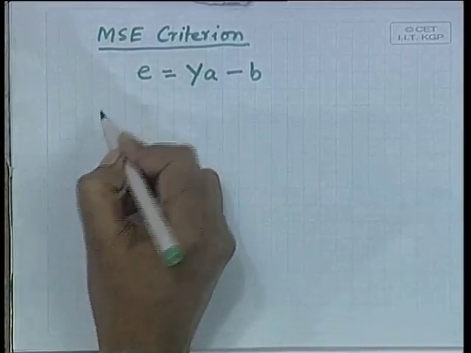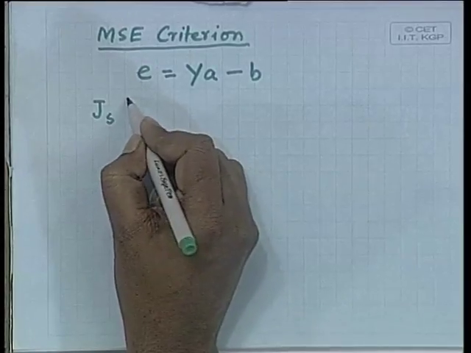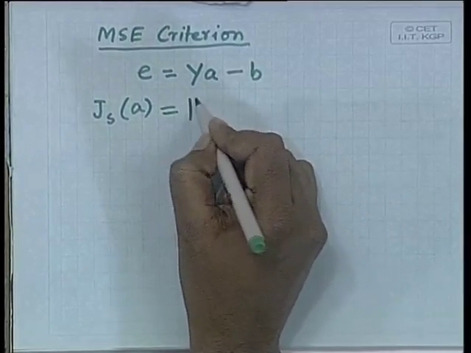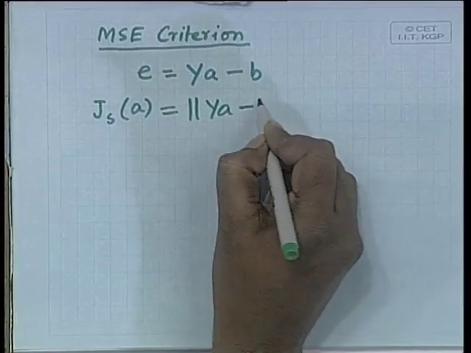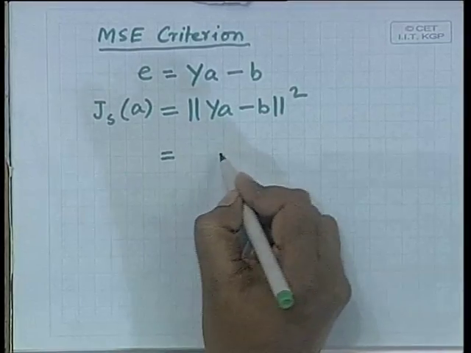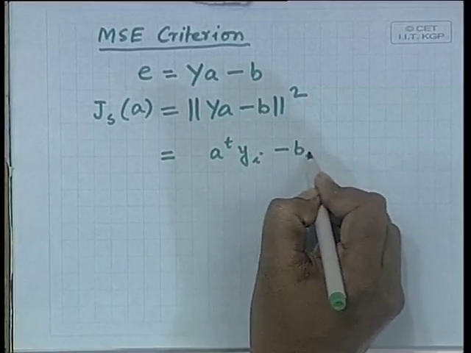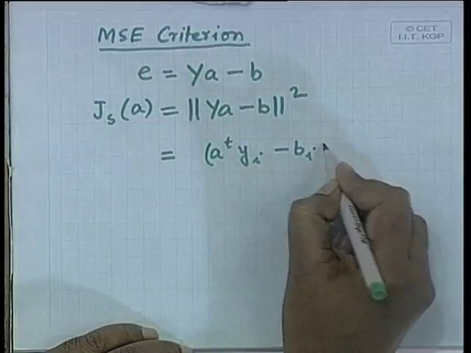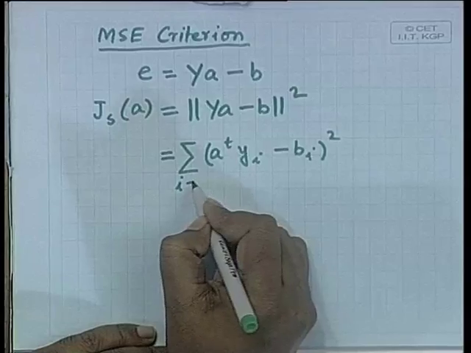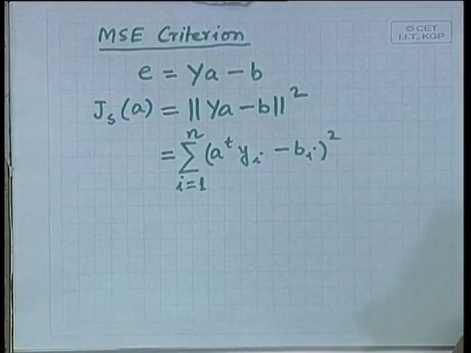So, accordingly, you define the squared error criteria, which is given by J s as a function of A, which is nothing but mod of y a minus b squared, and I can expand it as A transpose y i minus b i square of this, take the summation over all the samples i is equal to 1 to n if I have n number of training samples.